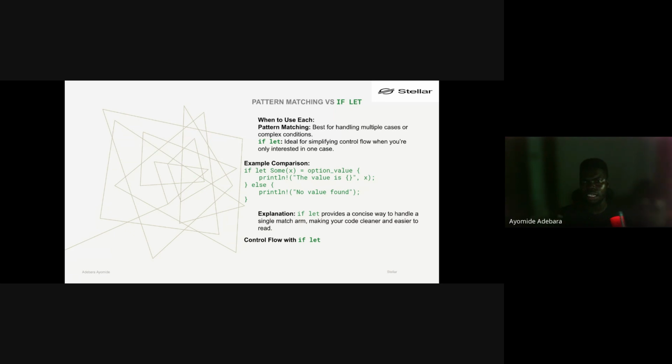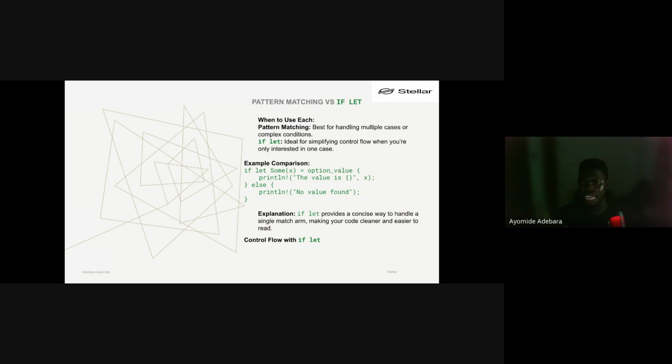So in that case, the if-let is literally ideal, and you can use it as control flow when you are interested in just one value, the value you get from the option enum. If you do not get the value, the only other thing you can get is None. But going back to the match pattern we explained earlier, you can use it for multiple cases, where you are matching one value to different variants.